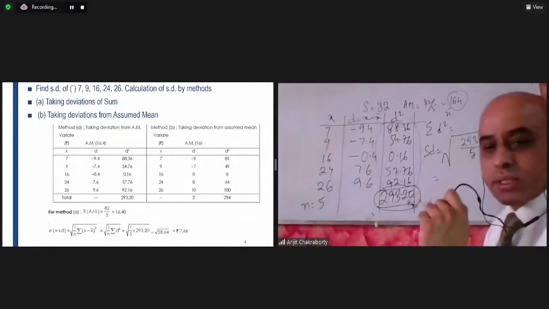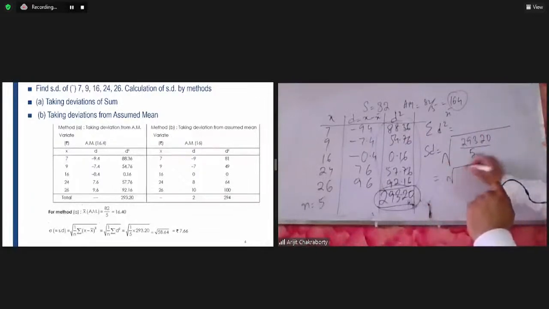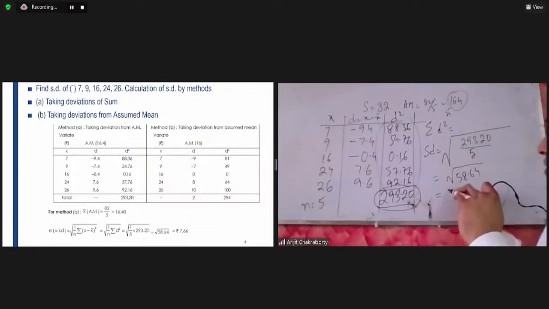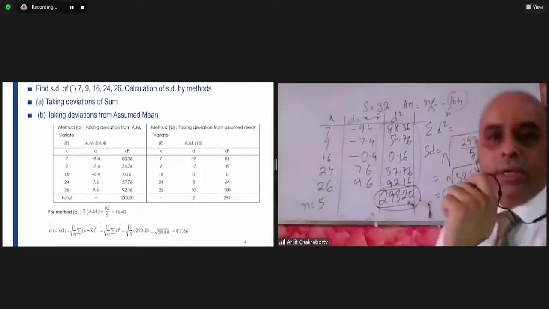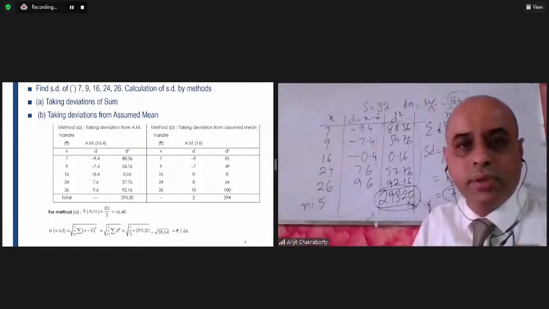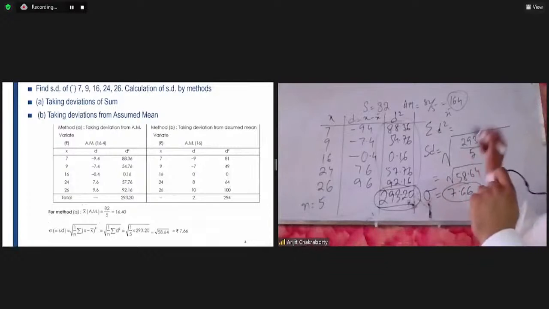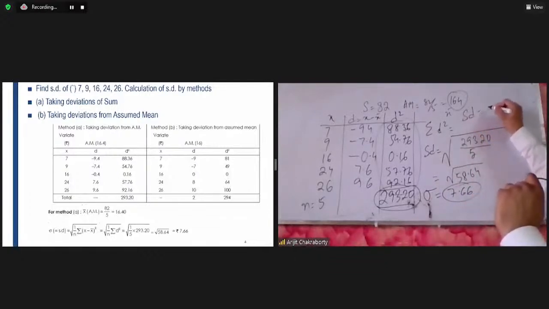So this gives us square root of 58.64, and approximately that gives us around 7.66. So we get the square root here, and this is the standard deviation. Please remember, standard deviation is shown by sigma. The way in which we write standard deviation is sigma.